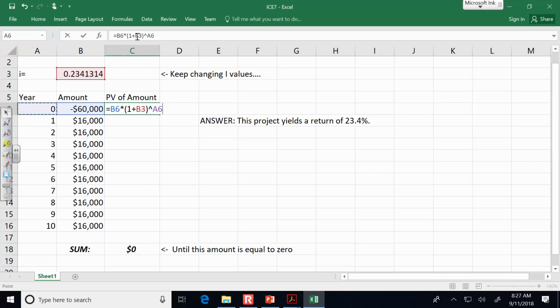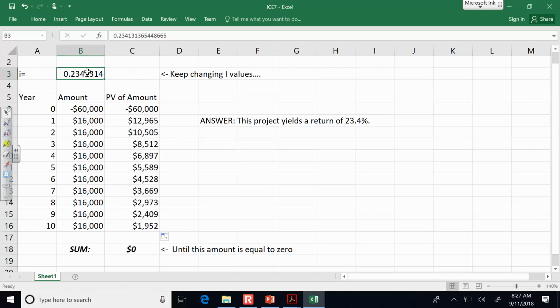And we need to make sure that we put in those dollar signs for the reference to the interest rate, and it needs to be to the negative n power. So I'll put in the minus sign there. Okay, so that's the formula. And then drag it down.